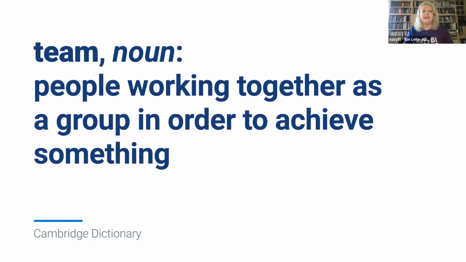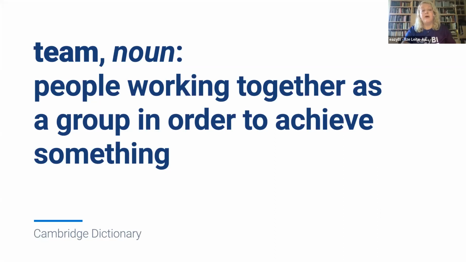And it answered that a team is people working together as a group in order to achieve something. What is not defined, because it differs from team to team, is the size of the team, workload organization, what the team goal is, what should be achieved, and how to measure this achievement. So teams are very different.